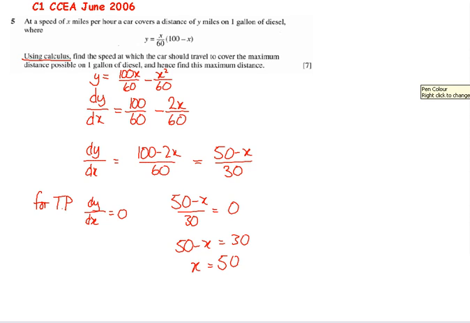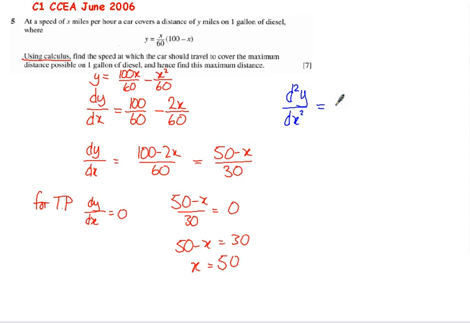To get full marks in this question, we would need to not just assume that it's a maximum, but to show that this is a maximum point. And to do that, we differentiate again, d squared y by dx squared. So if dy by dx is equal to, let's go back to this one, 50 minus x over 30, d squared y by dx squared, well, 50 over 30 is just a constant, so when we differentiate that, it will disappear.